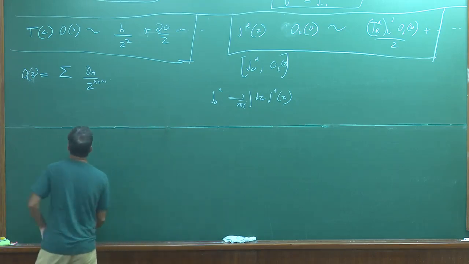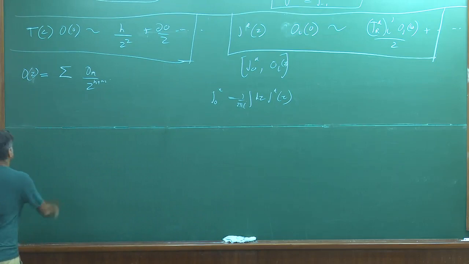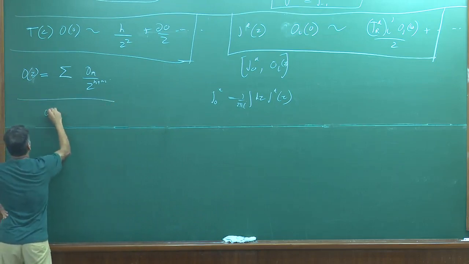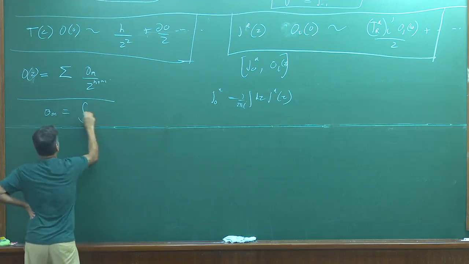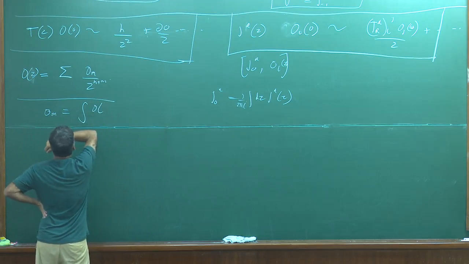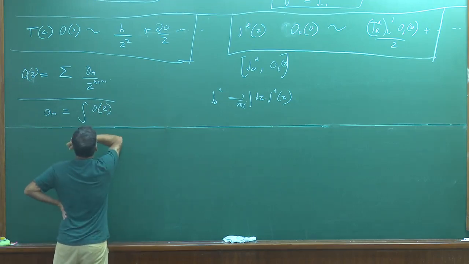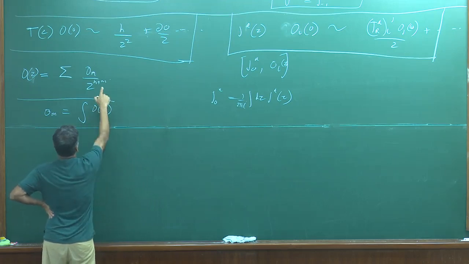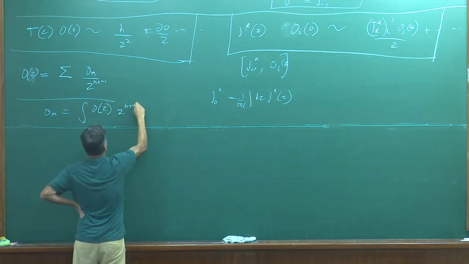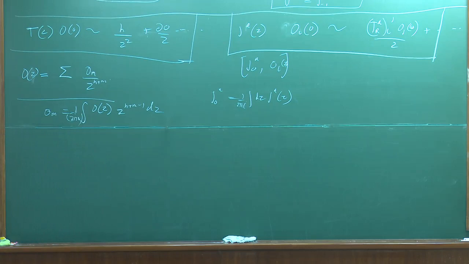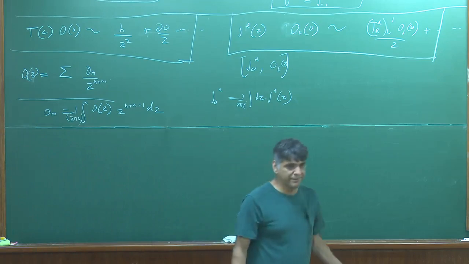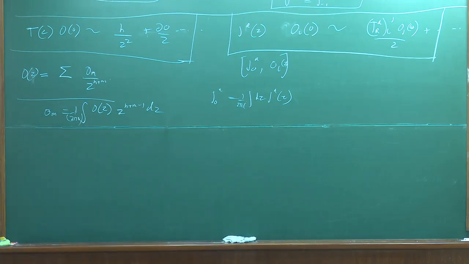What we have here is that O_m is equal to the integral of O of z, and then we want z to the power h plus m minus 1 dz divided by 2 pi i. So that's what our O_m is.